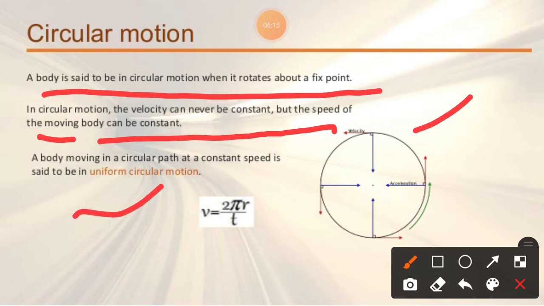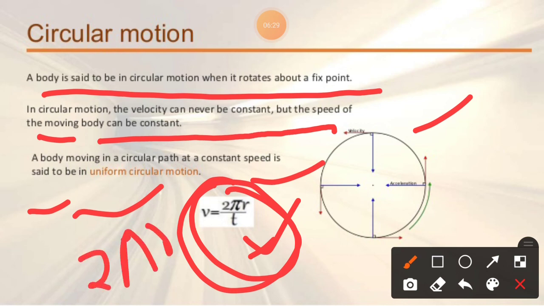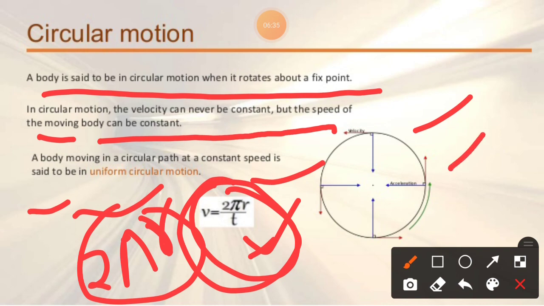A body moving in a circular path at constant speed is said to be in uniform circular motion. Here v = 2πr/t, where 2πr is the distance, the circumference. The velocity is not constant because the direction is always changing, but the speed can be constant.